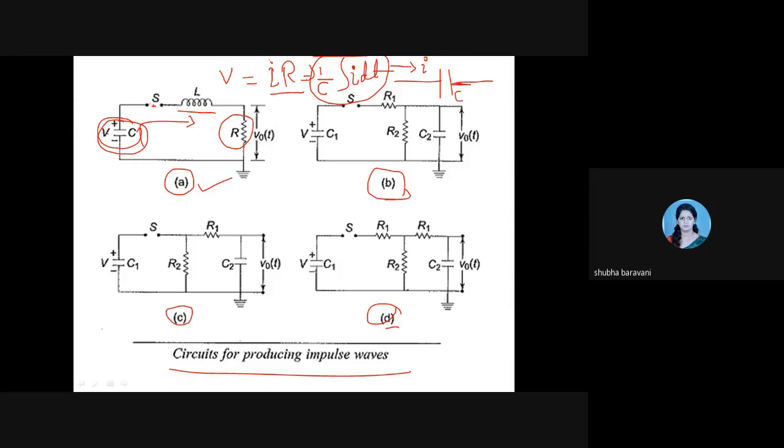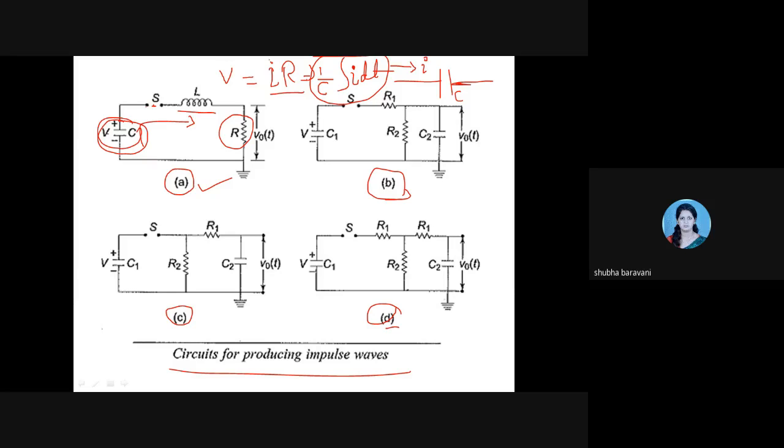Now you can see a spark gap here. Do you know what is meant by spark gap or sphere gap? No, ma'am. You don't know? You can recall the initial classes where I had shown you the high voltage lab.